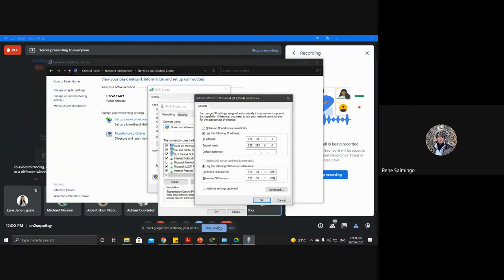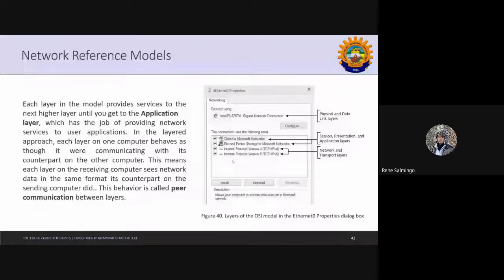We go back to our slide. So here we have the network transport layer. These are your network transport layers: IP version 4 and IP version 6.